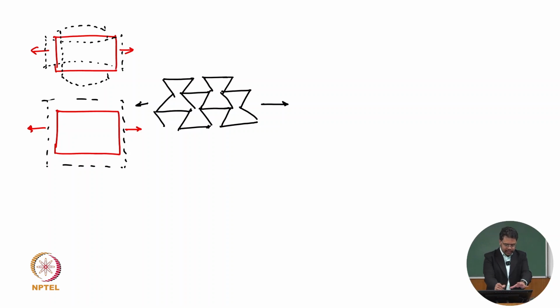Think like the full continuum is made with this type of geometry. Now if you pull it, how will that work? Exactly, the things will open up. That means this link will go somewhere here, this link will go somewhere here, and it will go definitely. This link will first shift a little bit and then it will go like this.